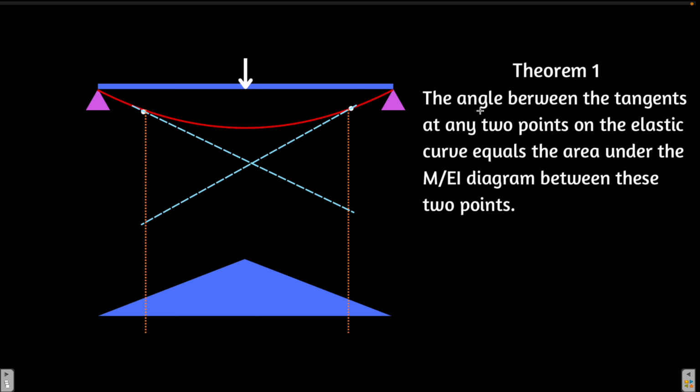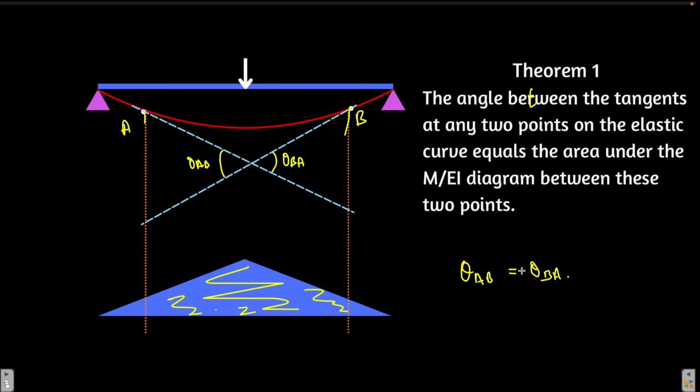This is the statement of the theorem. The theorem says that the angle between the tangents at any 2 points on the elastic curve equals the area under the M by EI diagram between these 2 points.